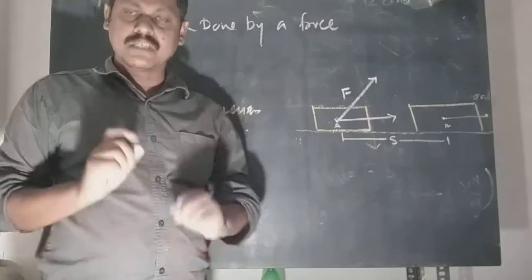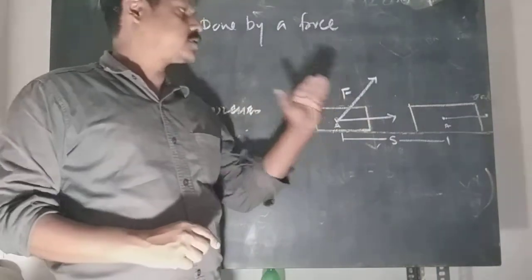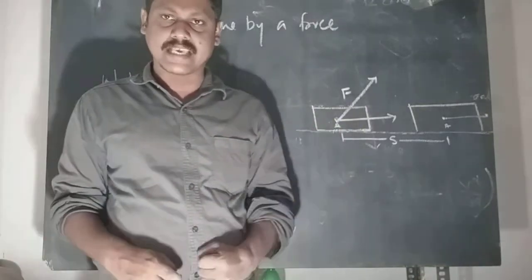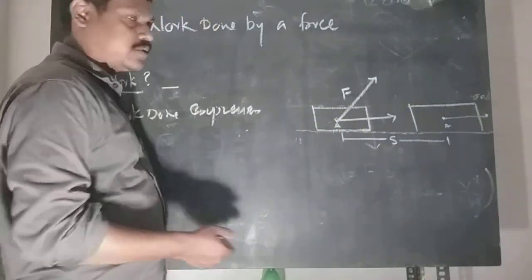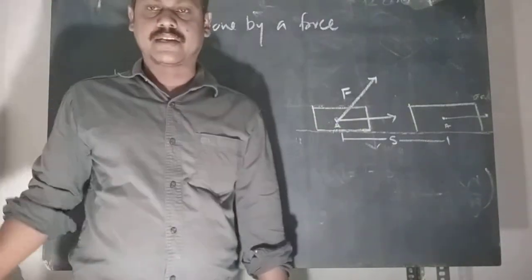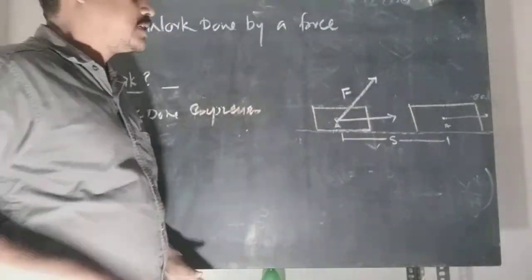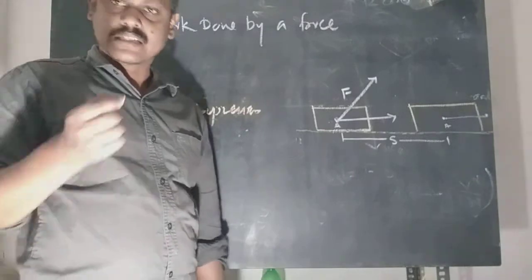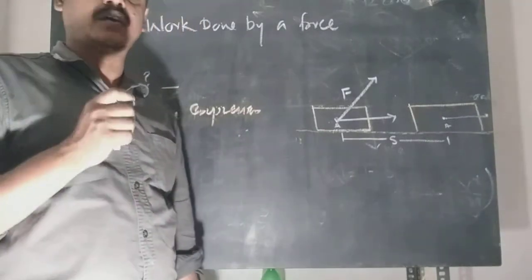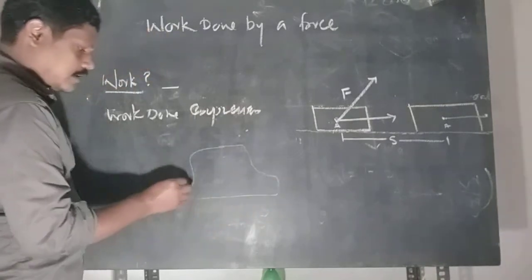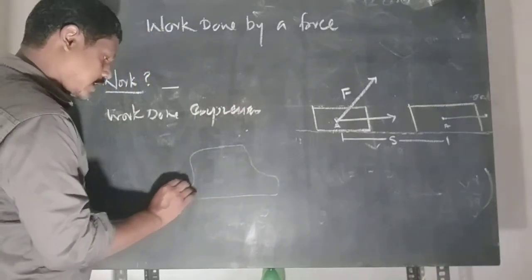But in normal situations, the force applied and displacement may not be in the same direction. So, for example, you are drawing a table or you are pushing a car. At the time, there is an inclination between the direction of force and the displacement of the body. That is, here it is the car, and here you are pushing the car.